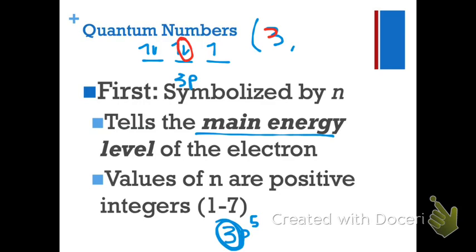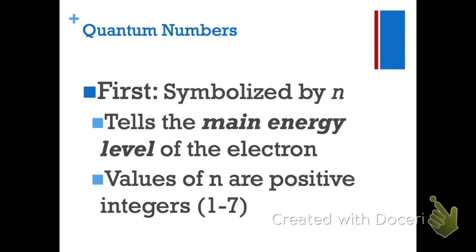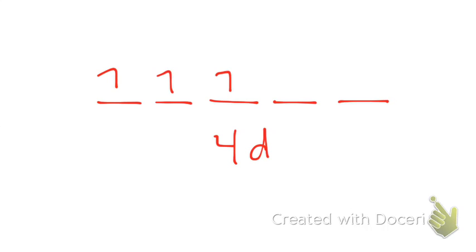But the first part of the quantum number, all it tells us is what energy level or what shell it's in. That's it. So the first part of the quantum number comes right from that 3, comes right from this 3 in front of the shape. That's it. Okay? So if I had another example, let's say I had 4D, 1, 2, 3.